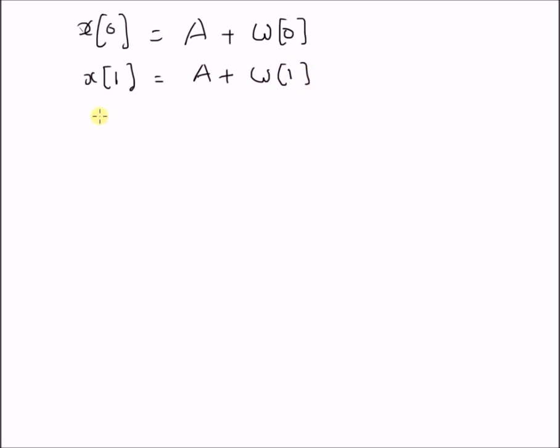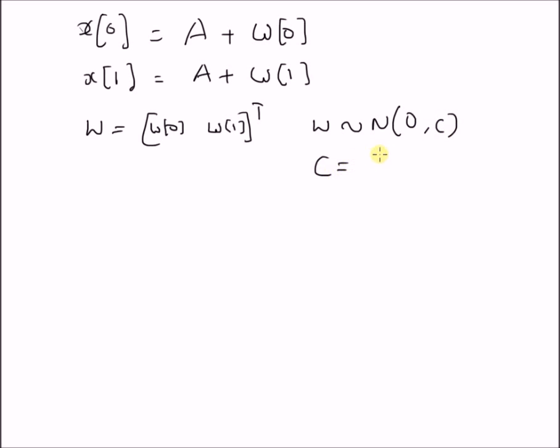Given the models x[0] = A + w[0], x[1] = A + w[1], where we have the noise vector w = [w[0], w[1]] transpose, and it follows a normal distribution with mean equal to 0 and the covariance equal to C, where C is equal to [1 rho; rho 1] multiplied by the variance sigma squared.